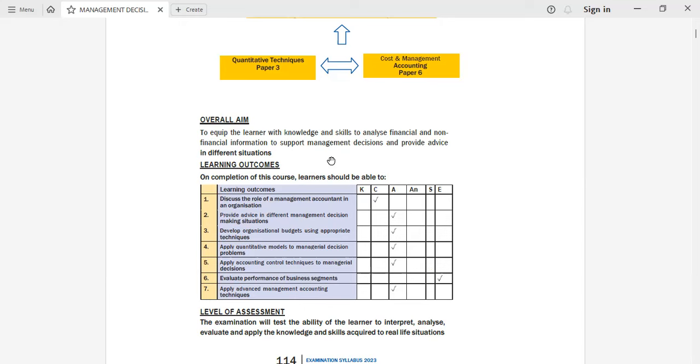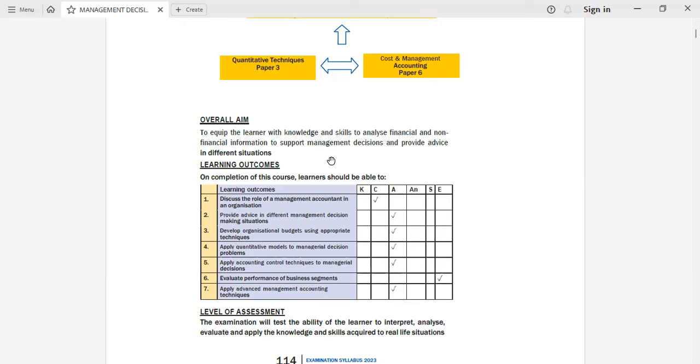So having seen the overall aim, or the reason why ISPA included management decision and control within the CPA course, we said, one, we are trying to make sure that we advise the intended persons so that they can make proper decisions when we are dealing with real life situations.